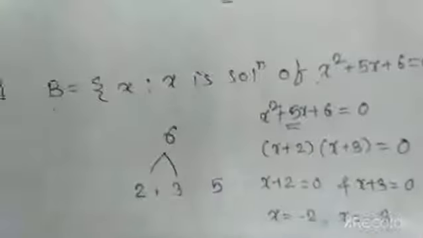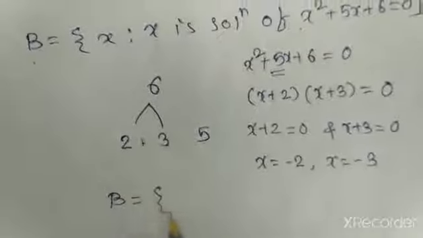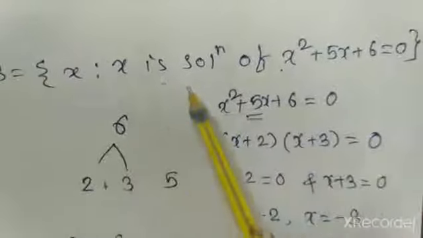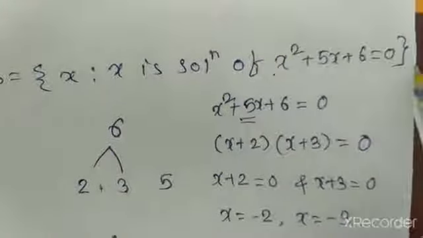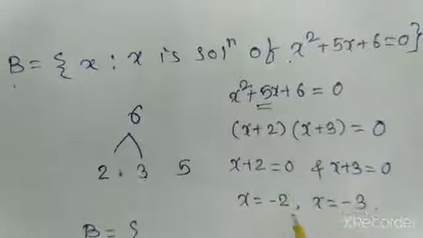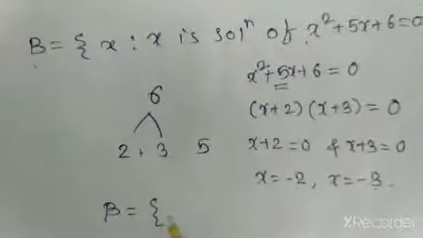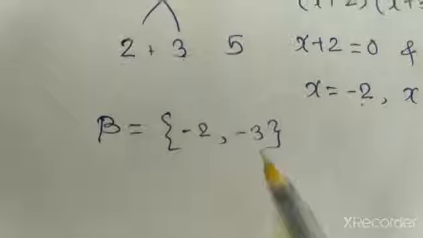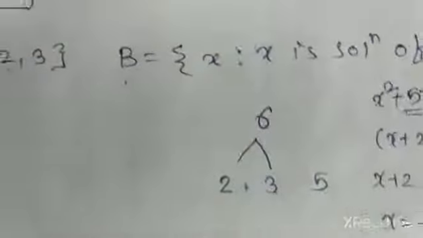So we get set B, where x is a solution of x² + 5x + 6 = 0. We get two solutions, x = -2 and x = -3. Therefore set B = {-2, -3}. Now we have to check whether A and B are equal or not.